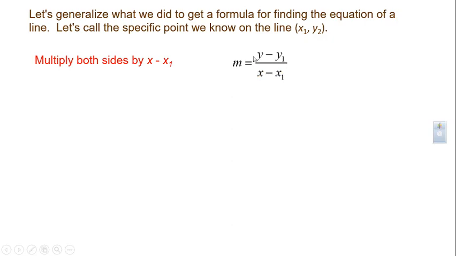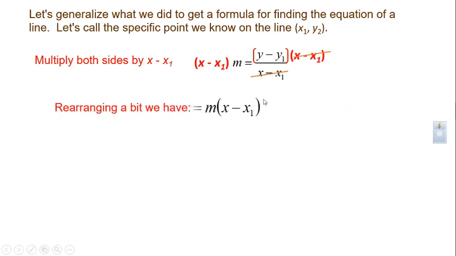If I start out with the slope formula, m equal to y minus y1 over x minus x1, where x and y are just some arbitrary point on the graph, and x1 and y1 are just coordinates of a known point on the graph, I can rearrange this equation by multiplying both sides by the denominator of the fraction, which is x minus x1. And then my equation becomes y minus y1 is equal to m times x minus x1.